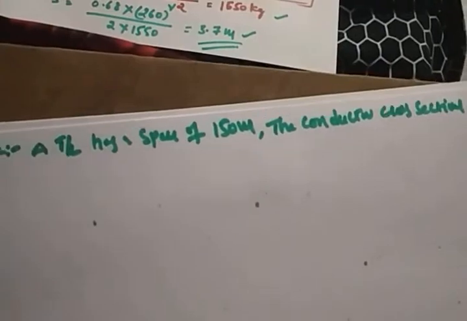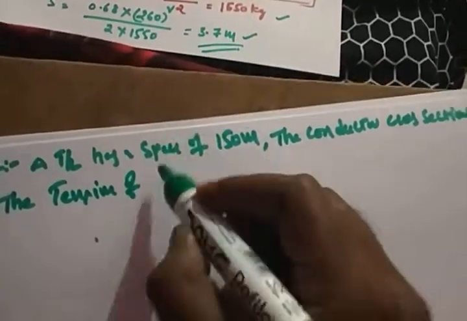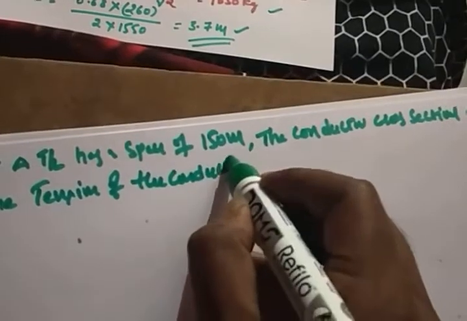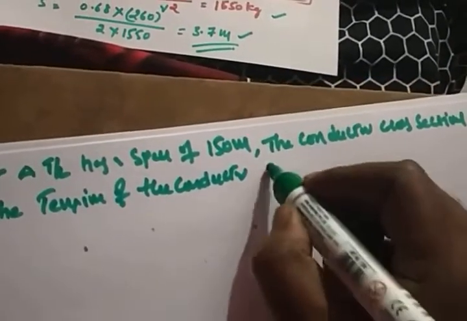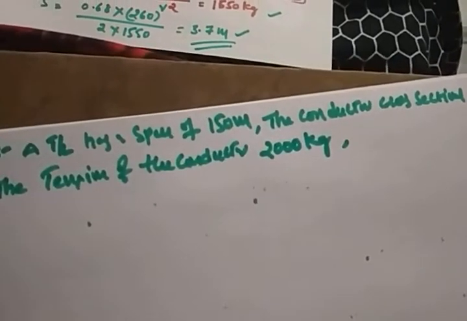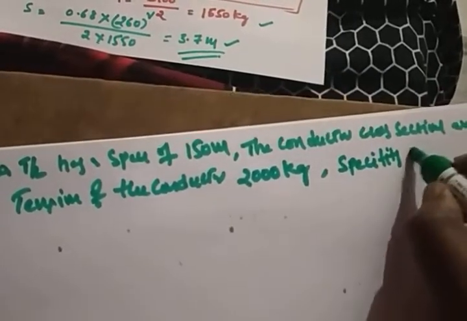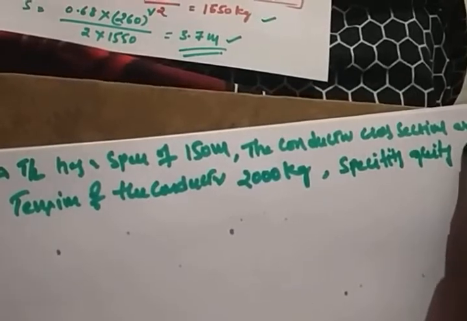See, you just directly understand what he is giving. So conductor span is given, the conductor's cross-sectional area is given. The tension of the conductor is given, 2000 kg. So tension is given. The specific gravity of the conductor material is given, 9.9 gram per centimeter cube.